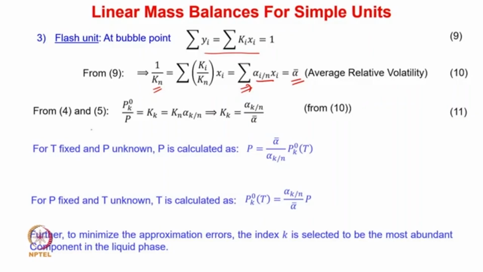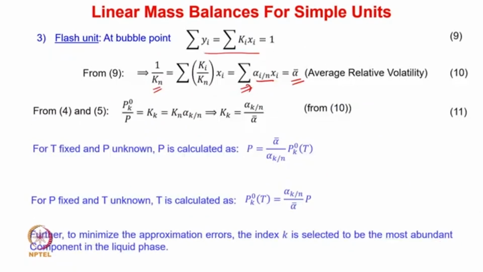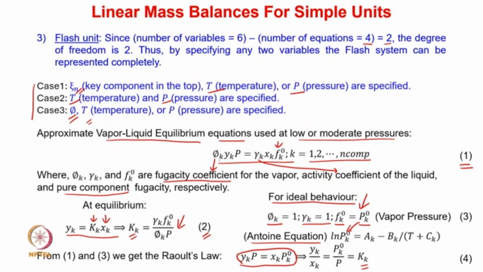Now remember, in the previous slide you can see that alpha kn is given by what? Alpha kn is given by Pk by Pn, isn't it? So the same expression we have used here. So you can see that the Kk is given by Pk naught by P. So this is equation number 4. We can go back and see equation number 4.